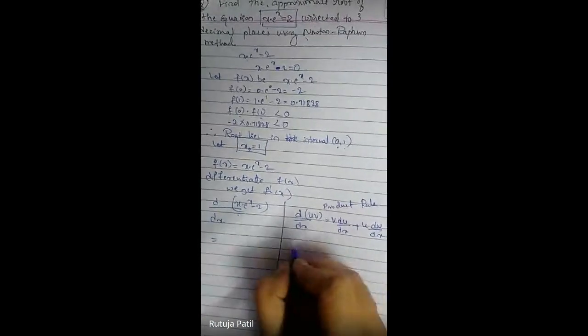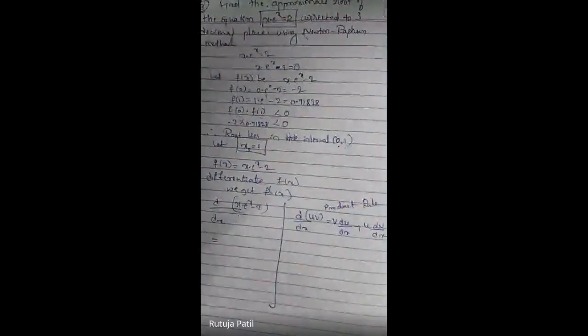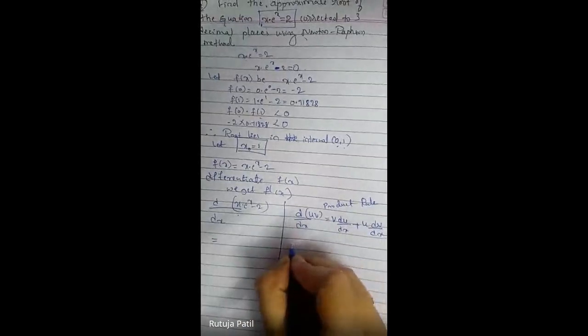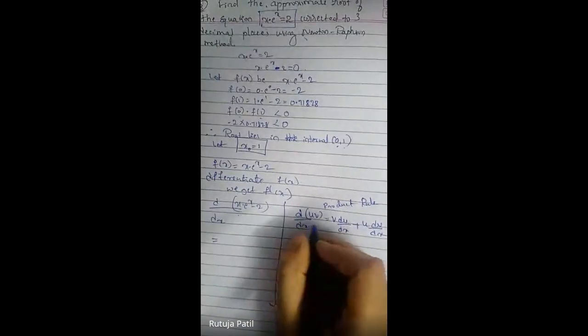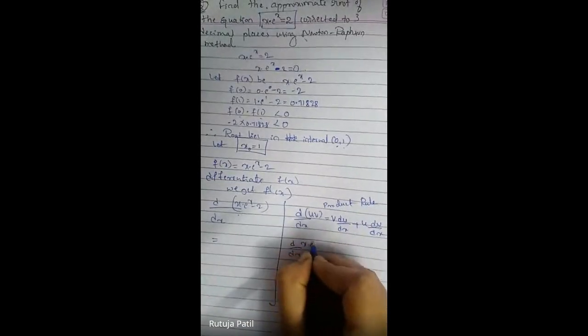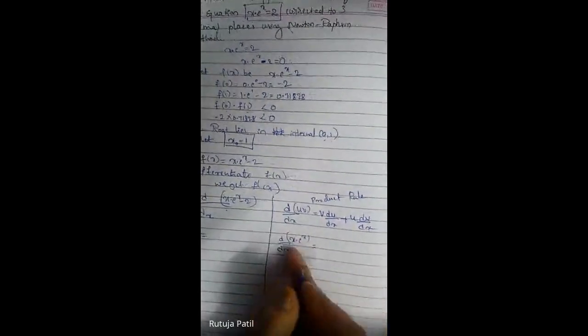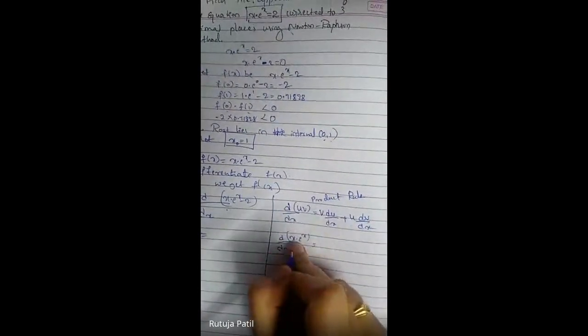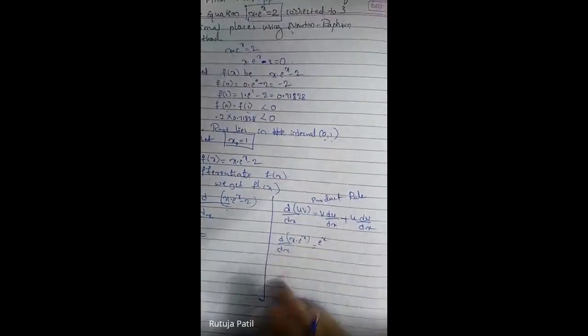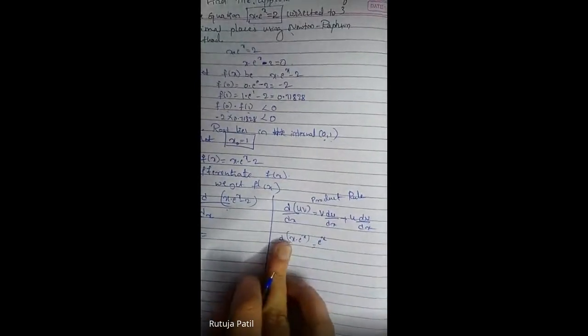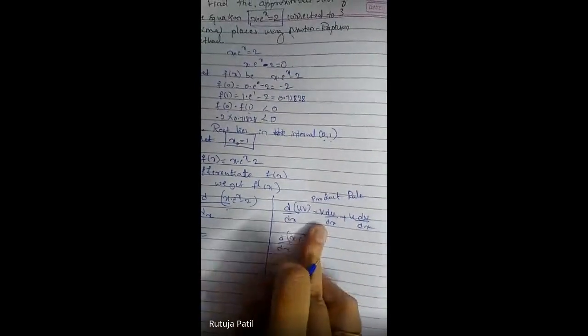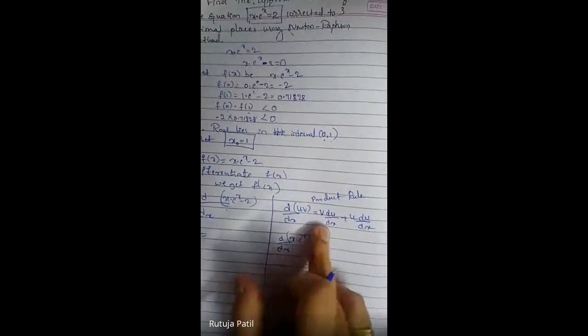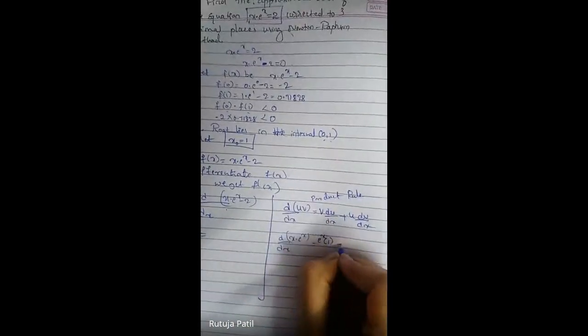So here d by dx, what is u and v? X into e to the power x, right? So if I consider e to the power x as v, I'll keep this as it is, and now differentiate this x with respect to x. So x differentiation with respect to x is nothing but 1 only.